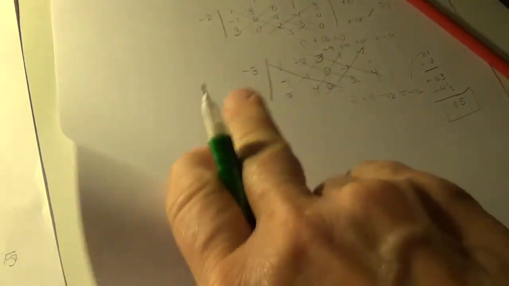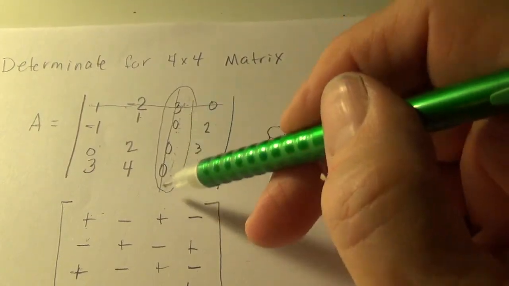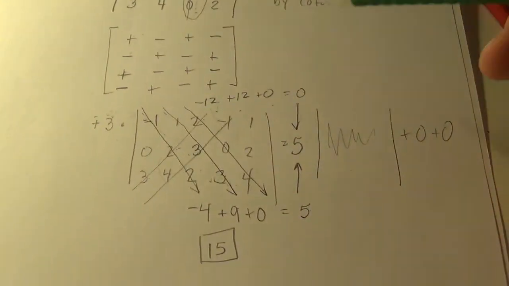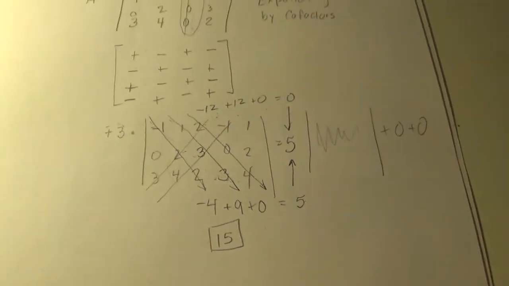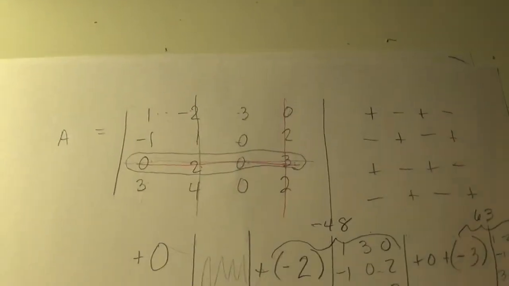As you can see, the more intelligent choice was to choose the one we chose first, this column, because it had so many zeros in. We only had to do the cofactor expansion for one value, 3, and it gave us 15. But you can do it for any row or column, which is quite remarkable.